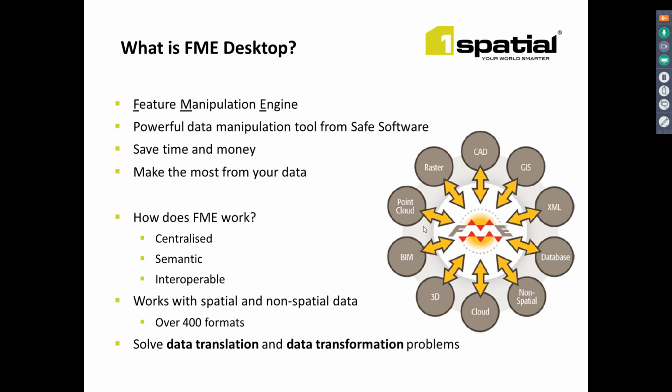It's semantic, so it understands the specifics of each format and their limitations. And while it hides most of the complexity from the end user at one level, it still gives you complete control over the translation. So you have complete control over how your data gets from A to B, from BIM to XML, for example.